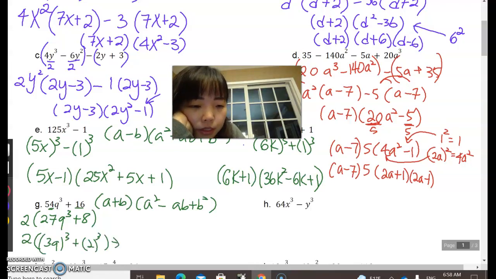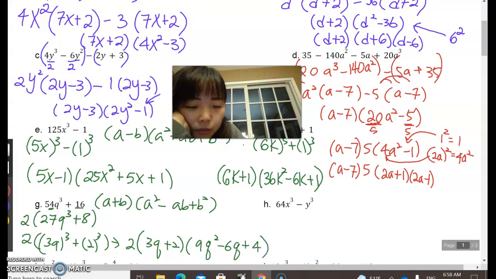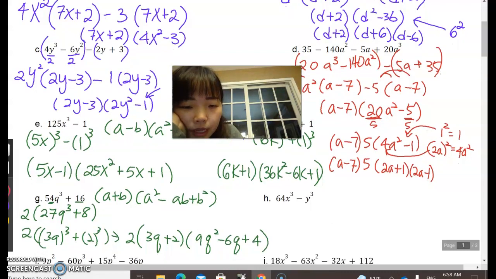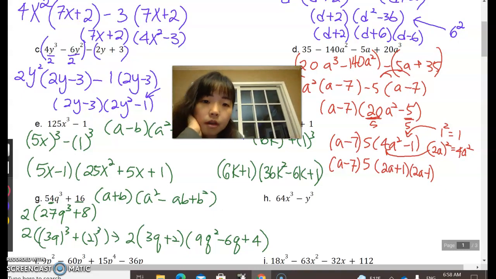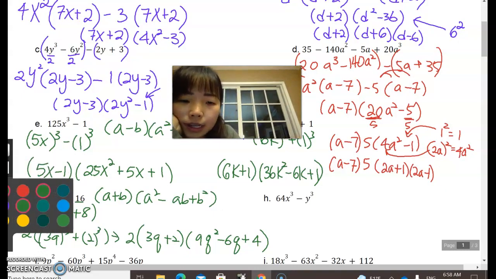So then the 2 that's outside stays, and it becomes a plus b, a squared minus ab plus b squared, which is 4. Yes, sometimes you have to do that extra work. Now, yeah, I get it.